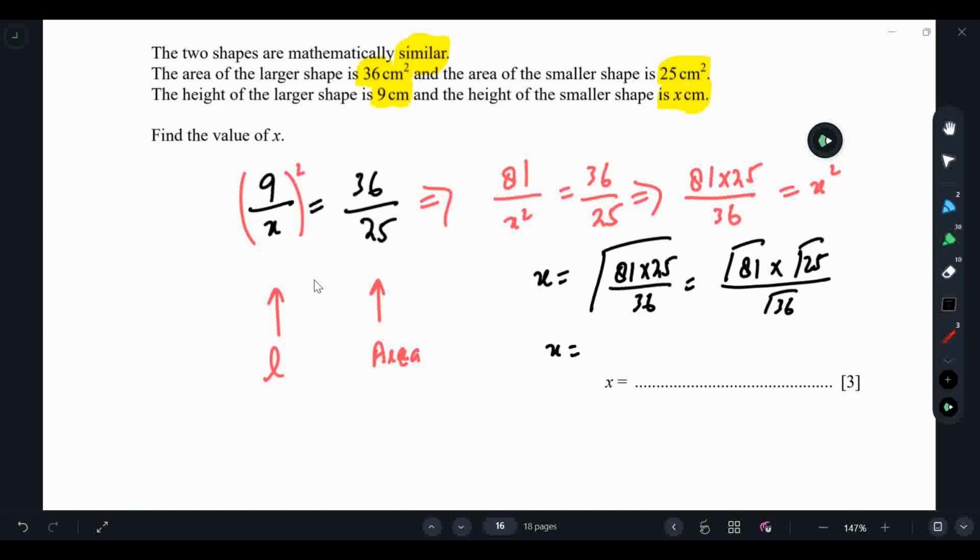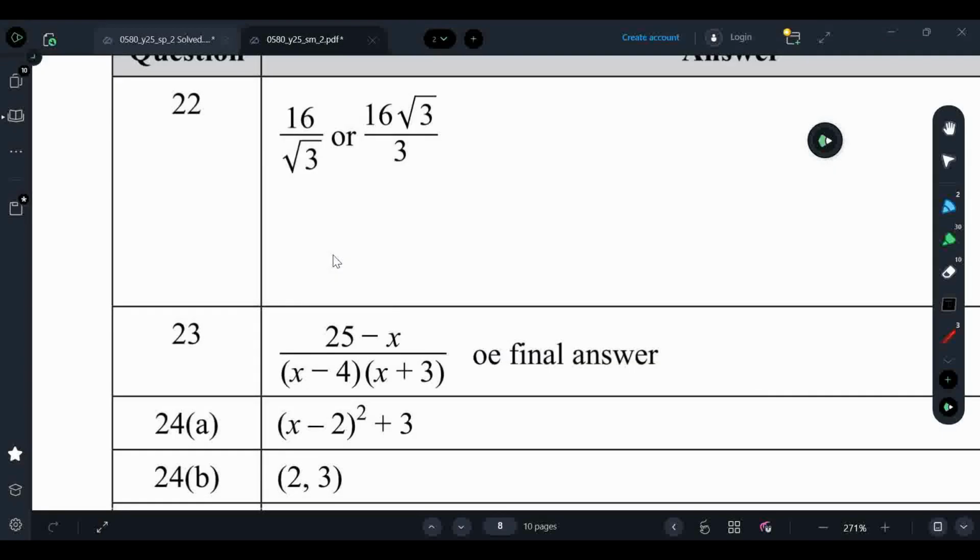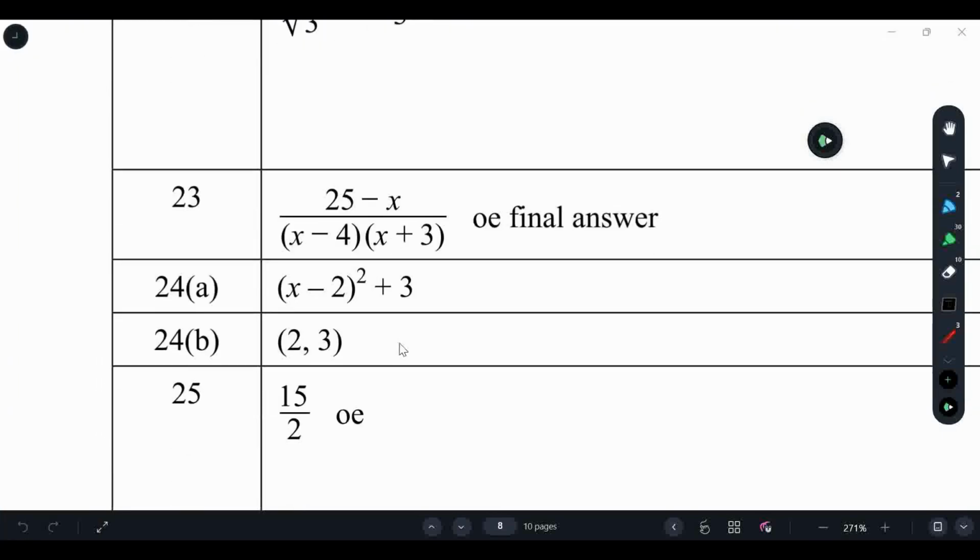So x is equal to 9 multiplied by 5 divided by 6. 6 3s are 2, 9 3s are 3. So 15 by 2 will be the final answer. Let me check this one over here. Yes, 15 by 2.